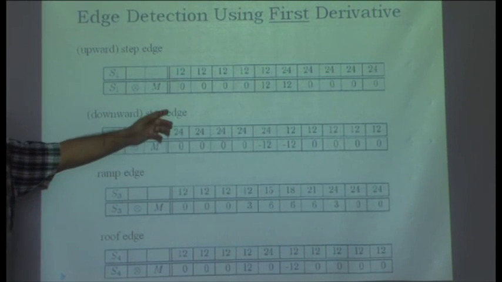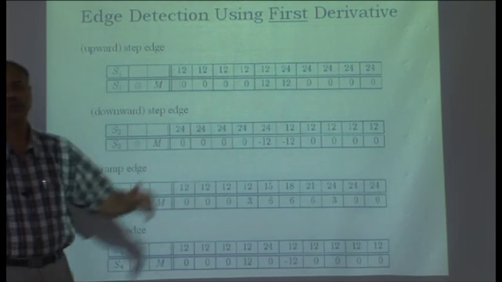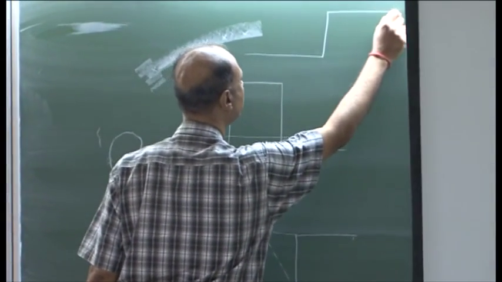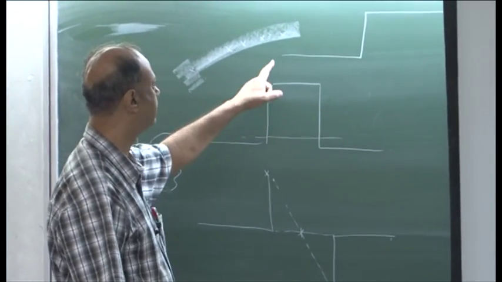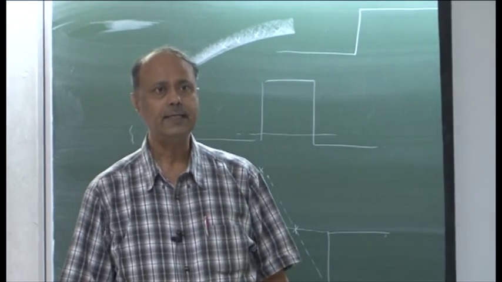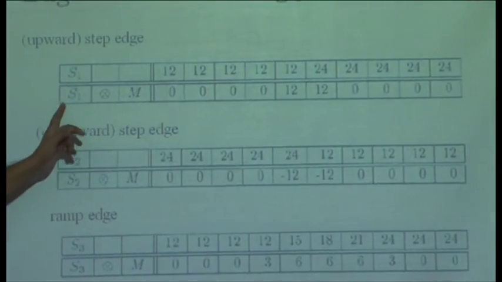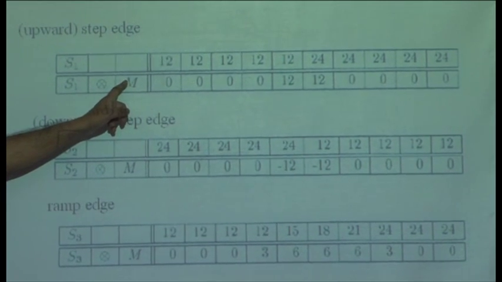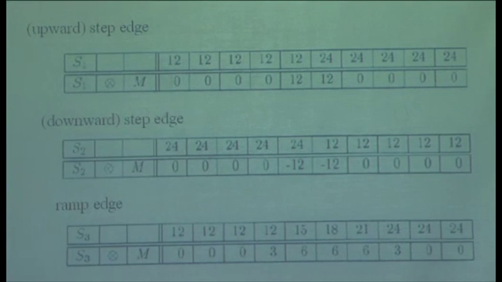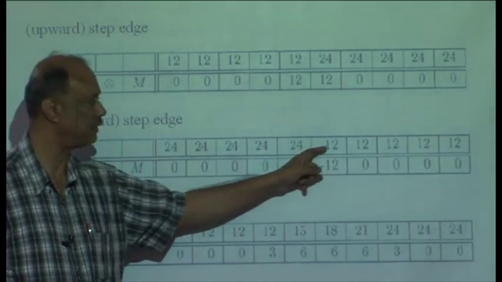This is an example, do not consider this an image. Values are 12 12 12 12, then 24 24 24, that means you have an edge: 12 12 12 and then 24 24 24, like that. So, this is the intensity level 12 and this is for 24. If I use that mask minus 1 0 1 on this, you will find this is your first derivative effect. And this is the downward step, that means 24 24 24, suddenly it has come down.